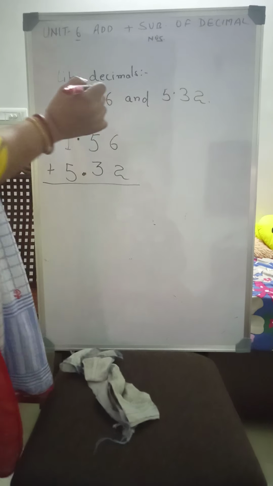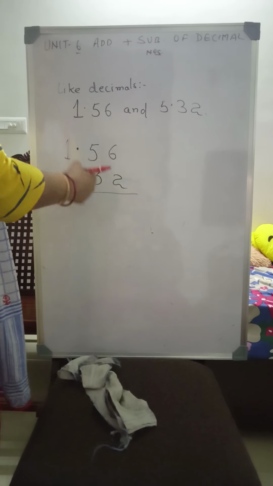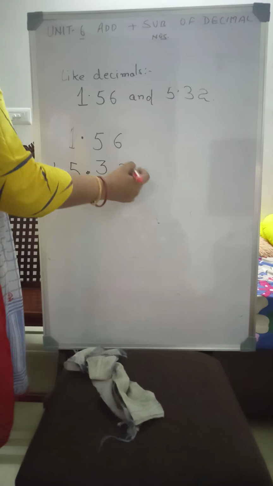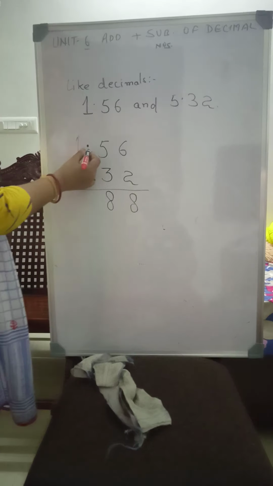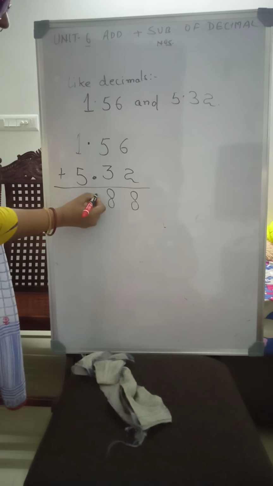Now let us do the addition, and according to the rule of addition, we have to start from the right hand side, correct? So here 6 plus 2 is 8 and 5 plus 3 is 8, and then the decimal point, we have to put one below the another.